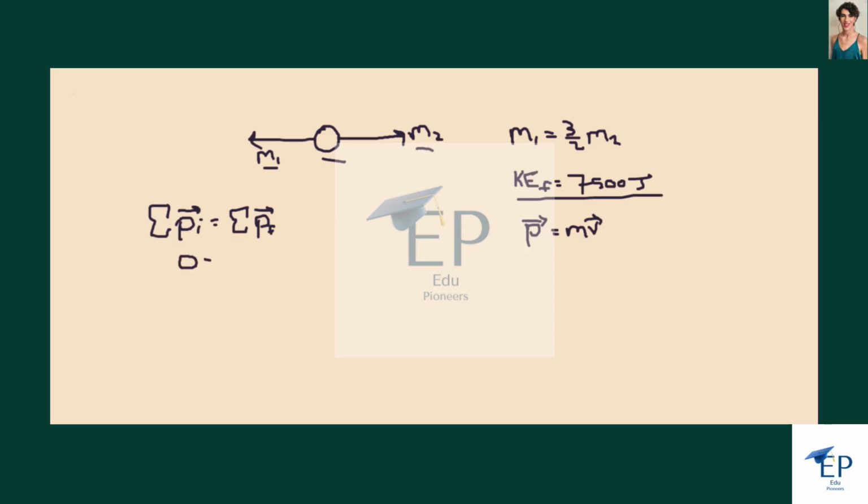And afterwards, after the event, we have two momenta. Momentum of the first particle, which is just mass of the first particle, m1, times velocity of the first particle, v1, include the vector hat for now, plus the momentum of the second particle, which is just the mass of the second particle, times its velocity.